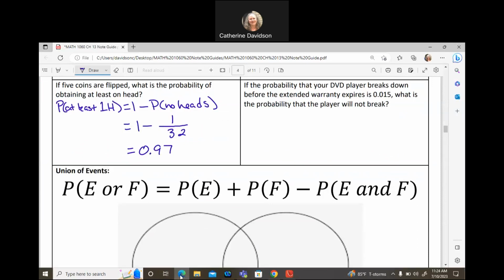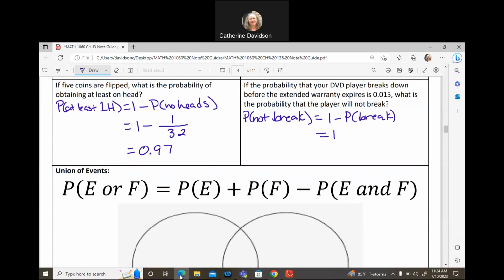The probability that your DVD player breaks down before the extended warranty expires is 0.015. What is the probability it will not break? So the probability it doesn't break is equal to 1 minus the probability it breaks.